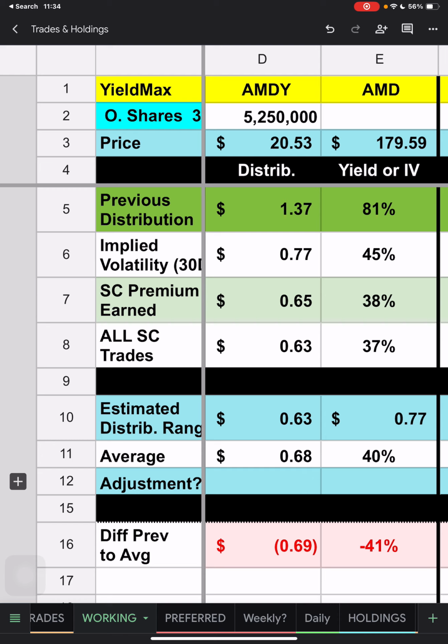And now I need to add something I forgot to say before. Remember, these calculations are based on the outstanding shares as of today. As people watch these estimates, some people like to buy the day of or even the day before the declaration date and the ex date, so they can get paid out the distribution.